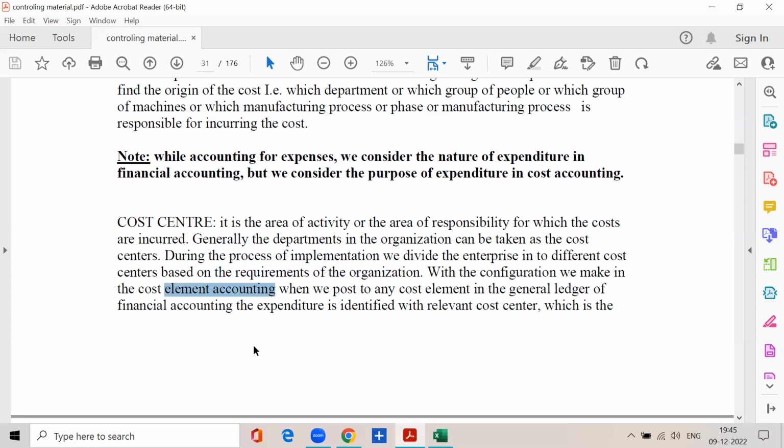Then in the expenditure GL account master records, we have changed the field status group to G004. In the field status group G004, we have selected business area as X and cost center as required. As a result, when you are posting to any expenditure in FI, the user has to compulsorily enter the cost center. Then that expenditure will be posted with respect to the cost center. That is called actual expenditure for the cost center.